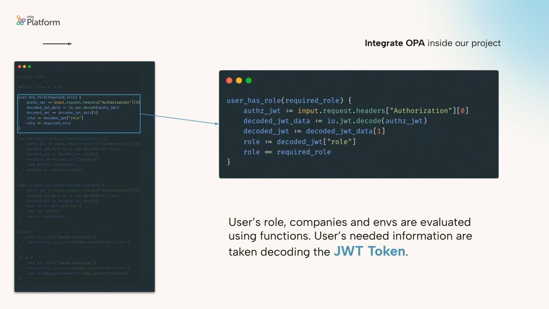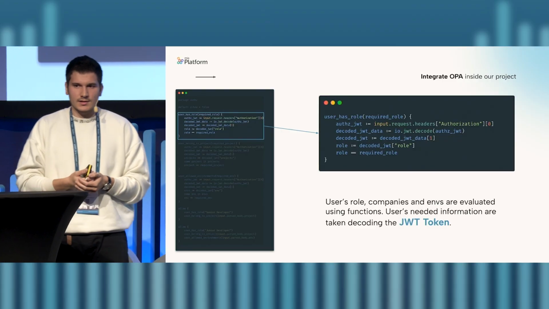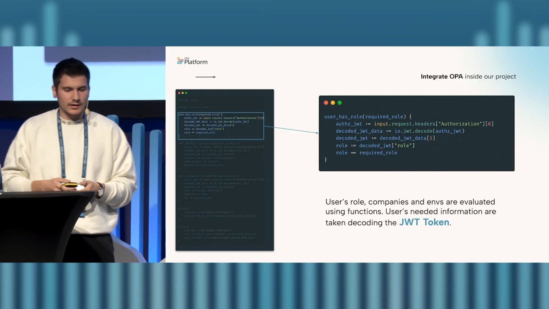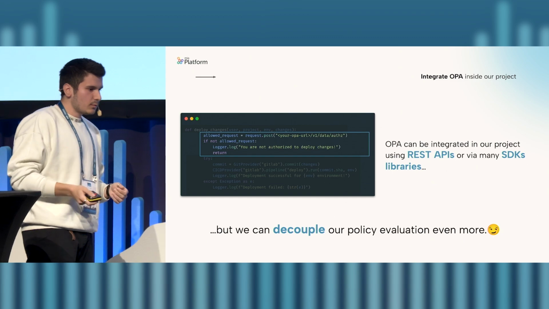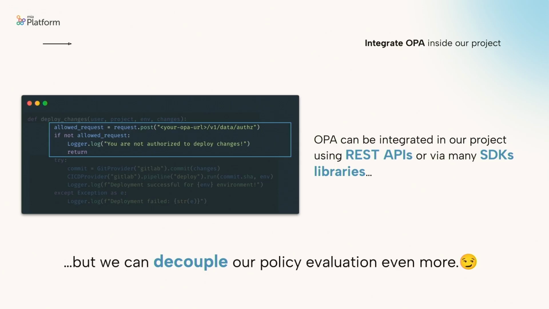And to access the data you need to perform authorization, you can decode your JSON Web Token accessing the data from the original request. In this way, we have decoupled the policies from the application logic, but we still have a sort of dependencies, since Open Policy Agent can be integrated as REST services or as SDK libraries.